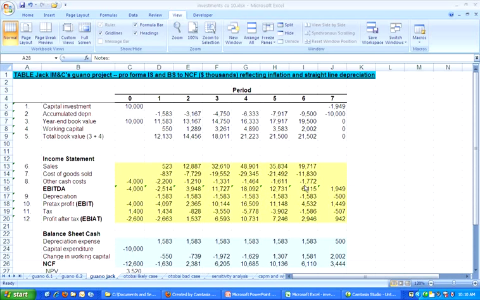The starting point in projecting the cash flow of a project is the development of a pro forma or projected operating statement or income statement. Presented here is a simplified version of a project income statement. The top line of the projected income statement is sales or revenue.